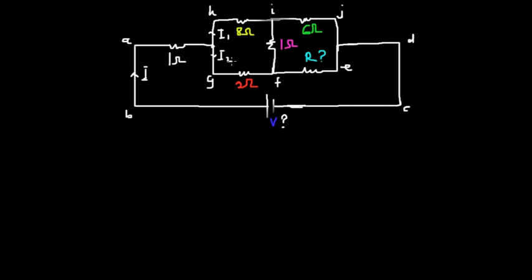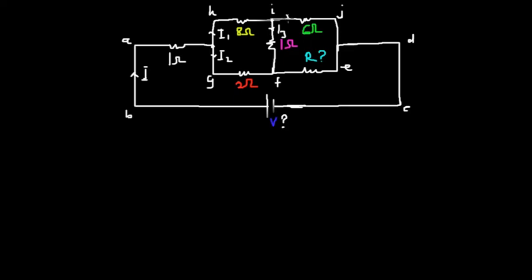This current will then move and get to this point, but we already know that this current is I3. Once this current reaches this junction, I1 is entering this junction and I3 is leaving it.